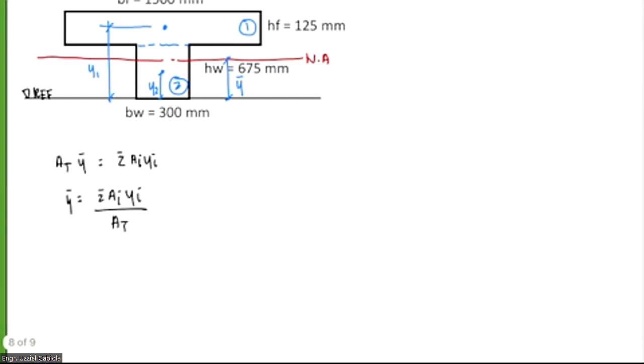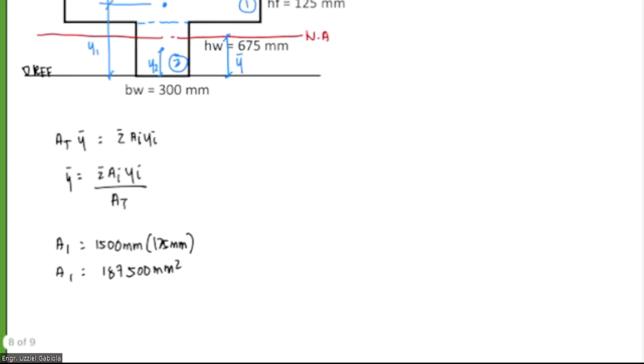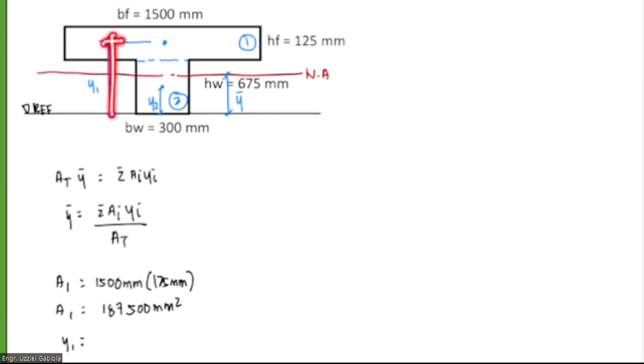So for our first area, shape 1, which is a rectangle, the area is 15 mm times 125 mm, for a total of 187,500 mm squared. Its distance is this part.